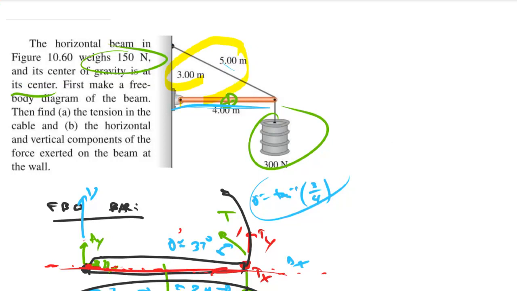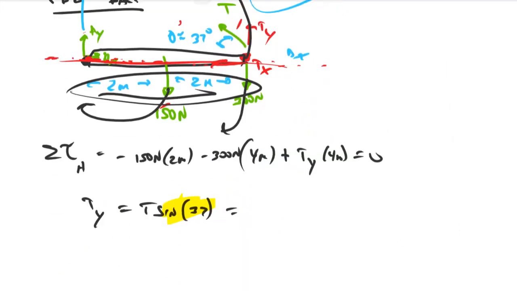So 3 over 5, that's 0.6. So this is equal to 0.6 T.